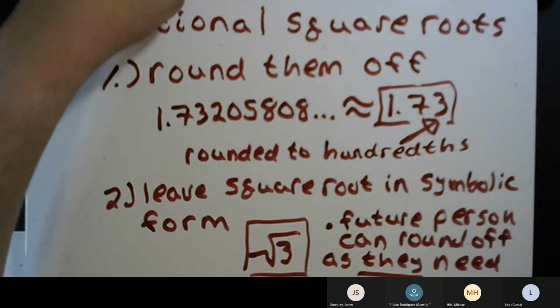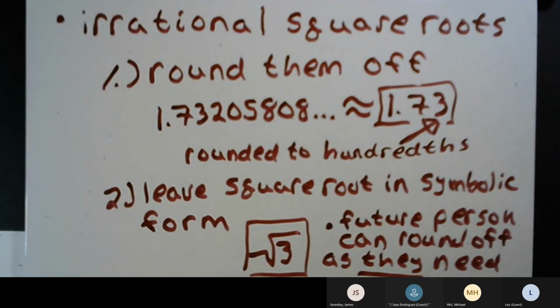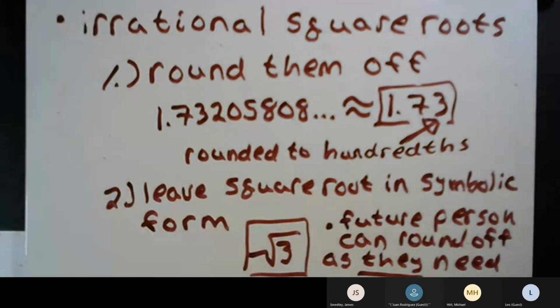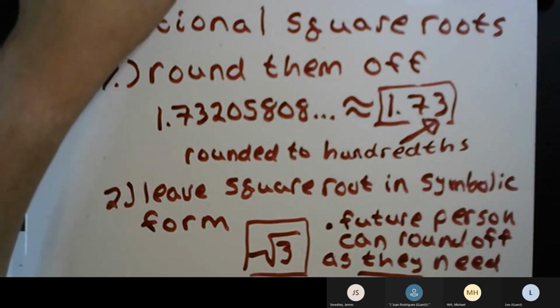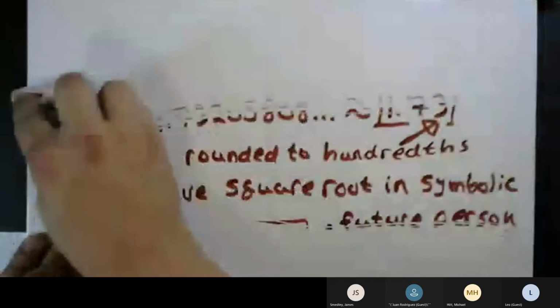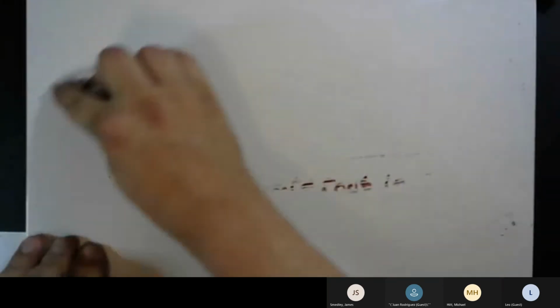But then you might run into something like the square root of 5, and you can't think of a number times itself that gives 5. So you say, I better check this one on the calculator. And sure enough, you're going to get an irrational number. And so you've got to decide, do you round off your answer, or do you leave it in symbolic form? So there's some different things there.